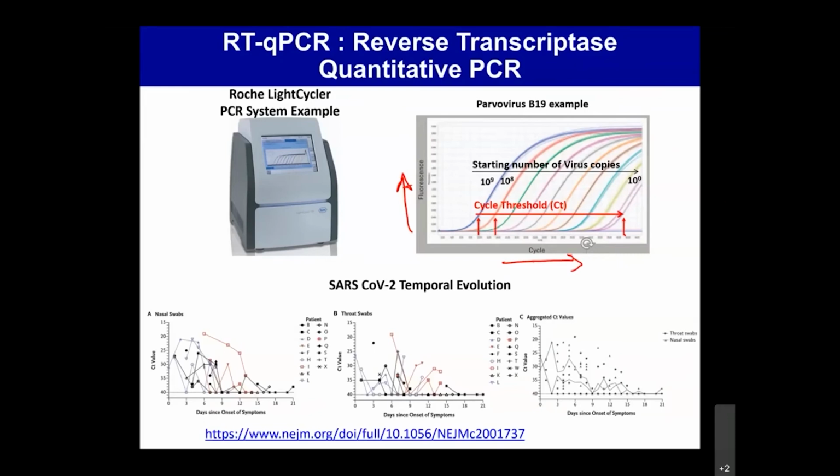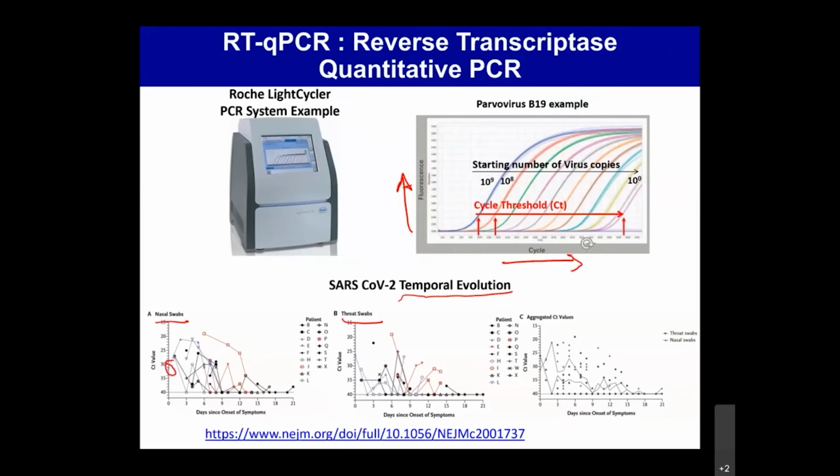This is, for instance, a typical test that is done on COVID patients. Days since onset of infection, this is a temporal study that is done. This is a clinical study that is done. You see that different patients respond differently to nasal swabs and throat swabs, oral and nasal swabs. In some patient on day 0, that is when you have symptoms, you can detect the virus maybe after 30 cycles.